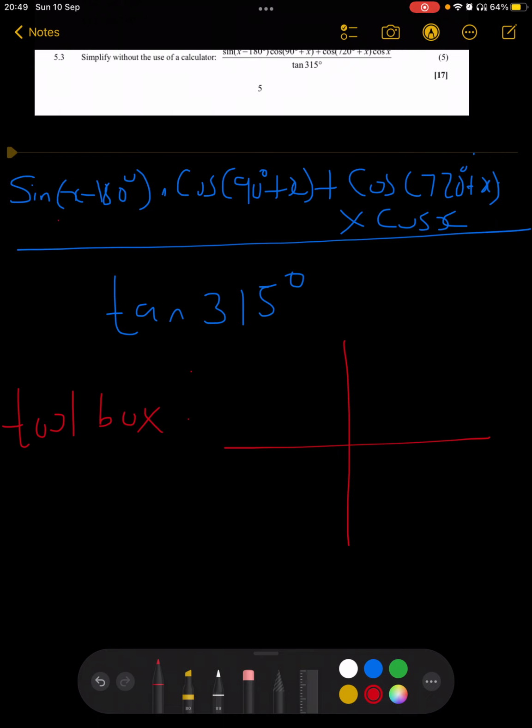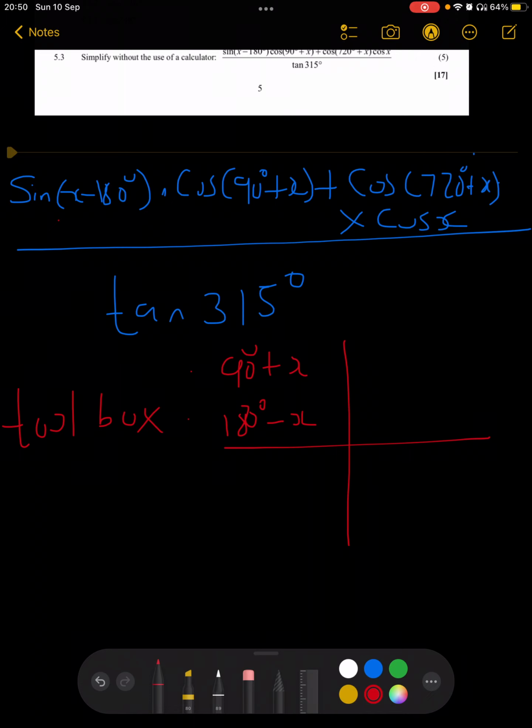Already in this one, I know I can factor out a minus: minus open bracket 180 minus x, and we have a 90 plus x, and we have a 720. So if we go 360, but I prefer for us to say 720 minus 360.